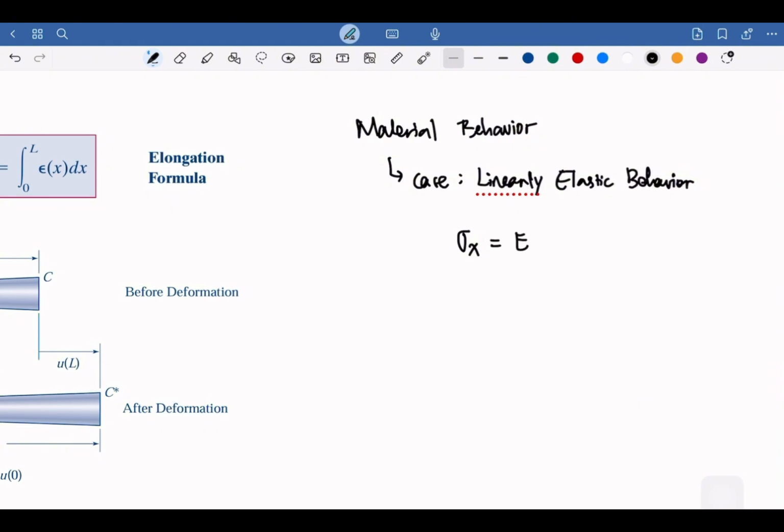For the x-axis we could write it, and I hope you can see the differences: this is the E for the Young's modulus, and this is the E for the strain. So Hooke's law will be applied.